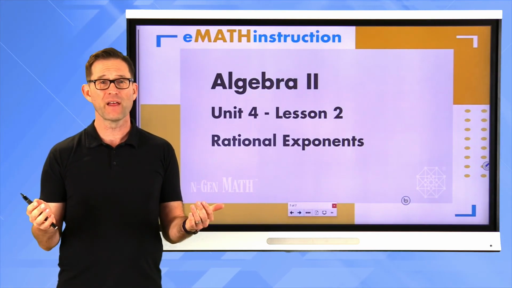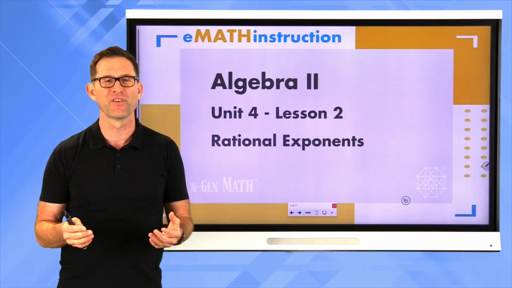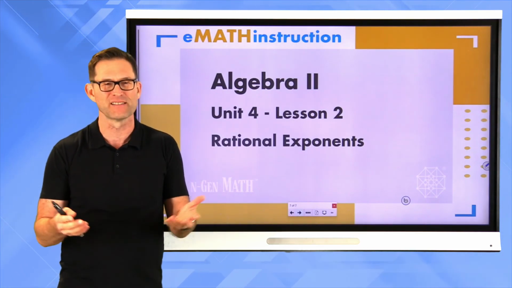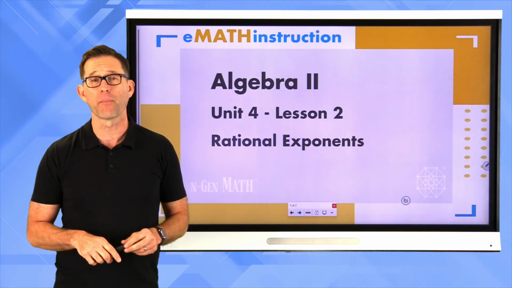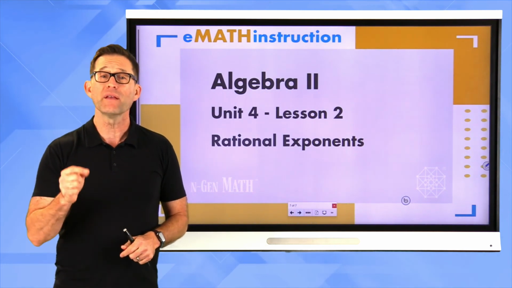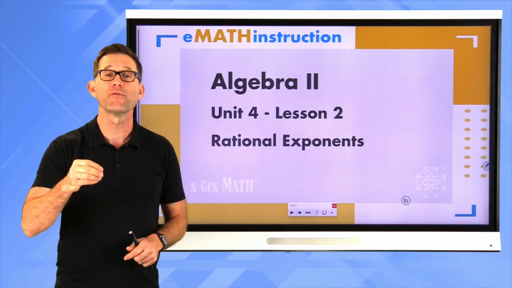But then fractional exponents? Like, what does it mean to multiply by something 1/2 times? That doesn't make a lot of sense. And yet, by using that product property of exponents, we can see how fractional exponents can be thought of in terms of roots.